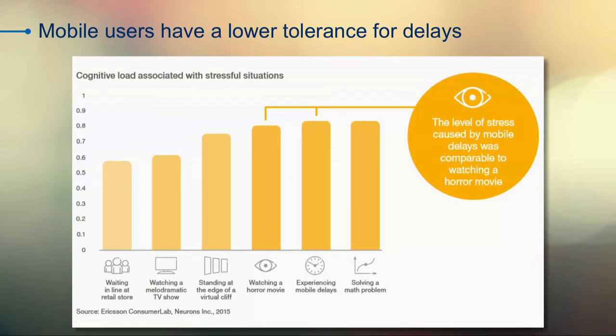A study a few years ago, in 2015, Ericsson did a study to figure out what the cognitive load was on a person when they're experiencing performance delays. And funnily enough, the experience of a mobile user is the same cognitive load that they have when they're watching a horror film.